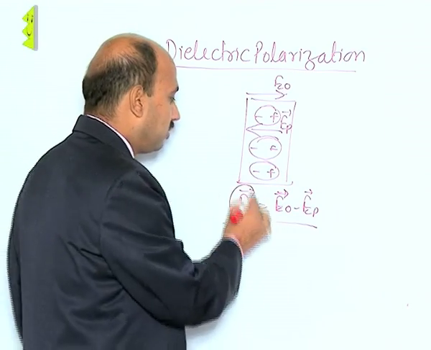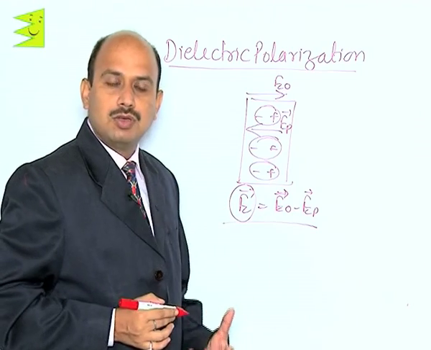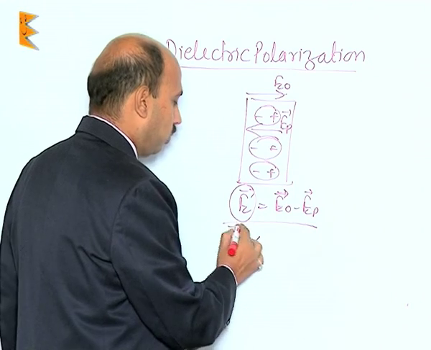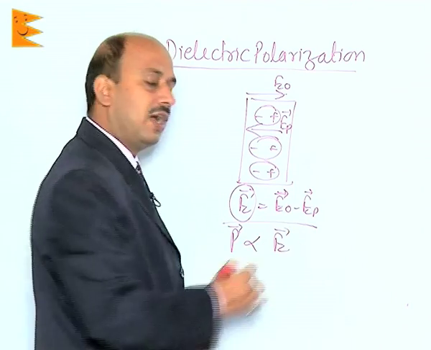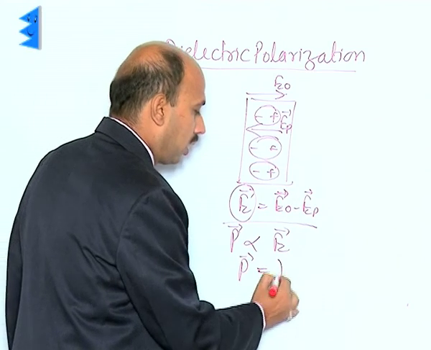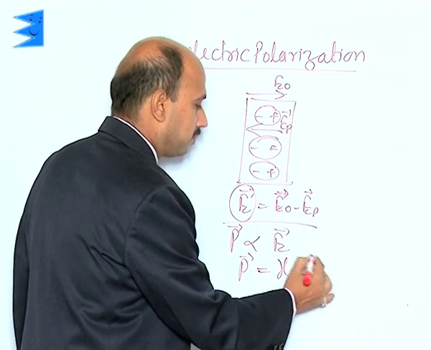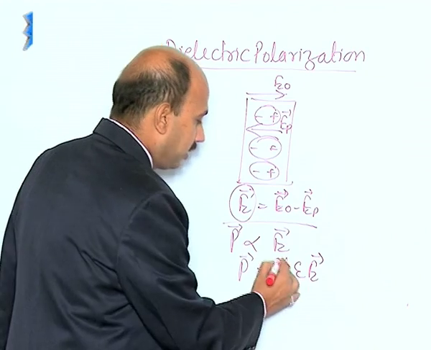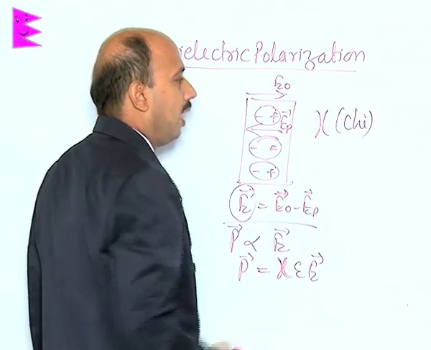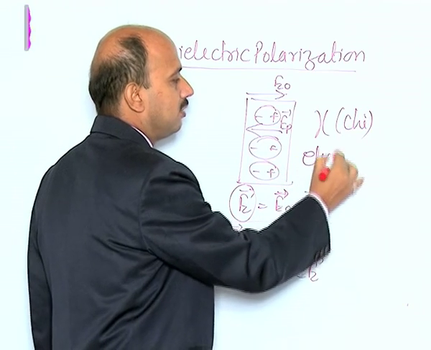In this case, the polarization density, or simply the polarization, is directly proportional to the net electric field inside the dielectric, and that can be written as P is equal to chi epsilon E. Here chi is known as electric susceptibility.